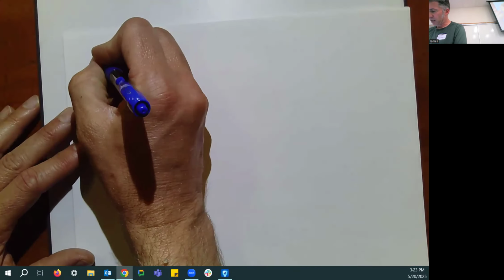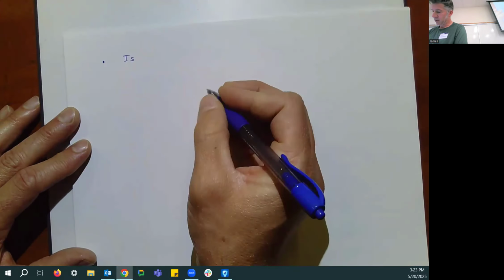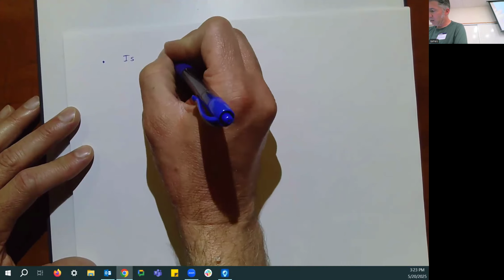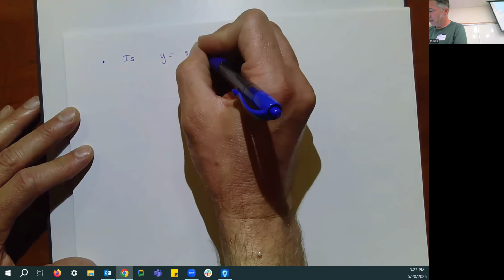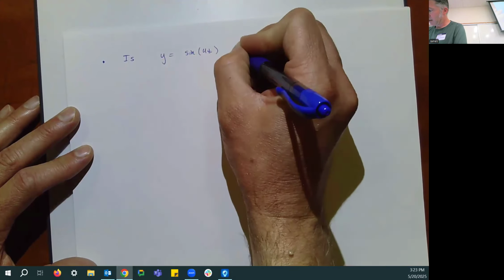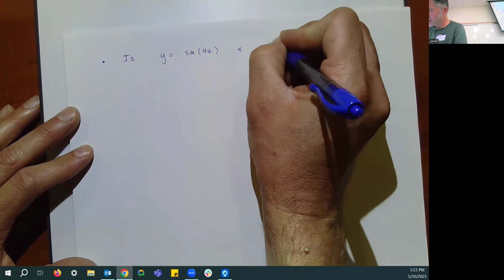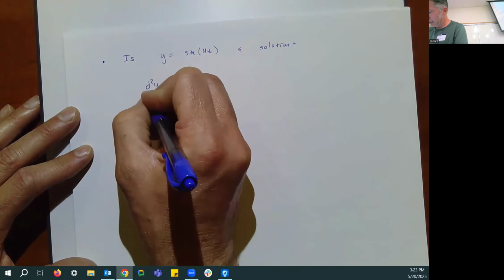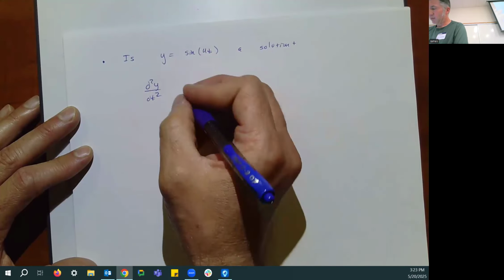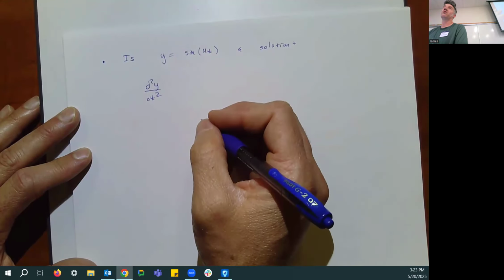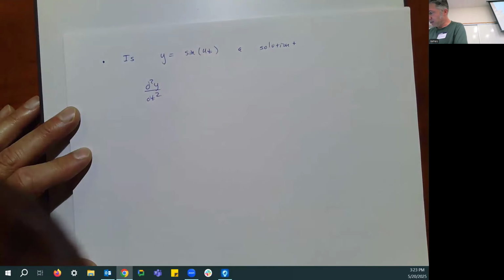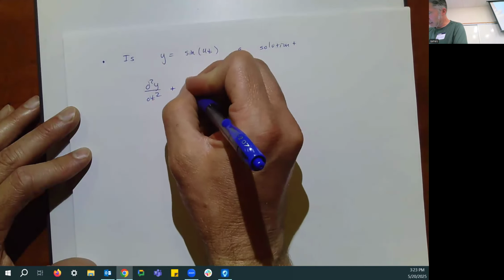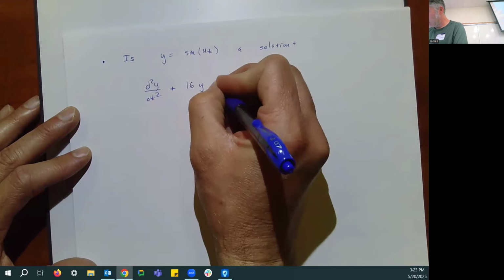Is y equal to sine of 4t a solution to d squared y dt squared plus 16 times y equals 0?